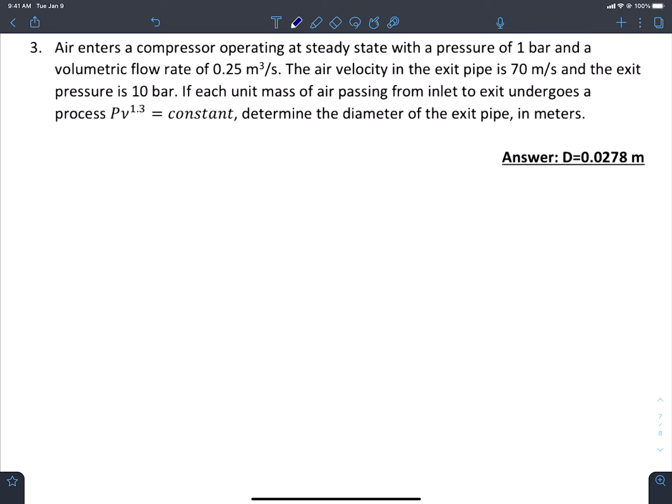If each unit mass of air passing from inlet to exit undergoes a process of PV to the 1/3, where here V is not volume, V is specific volume, equals constant, determine the diameter of the exit pipe in meters. I thought this question was particularly tricky, to be honest. But anyway, let's just take 5 minutes and reconvene.